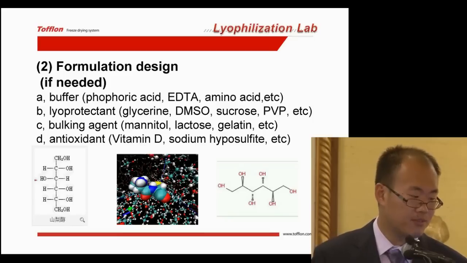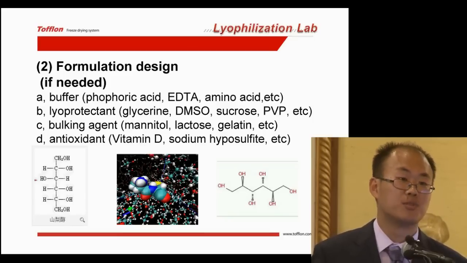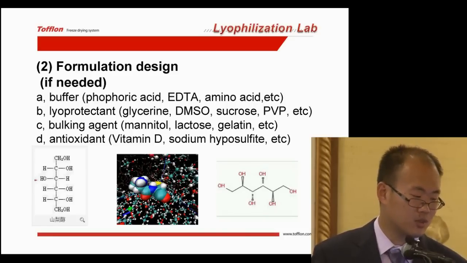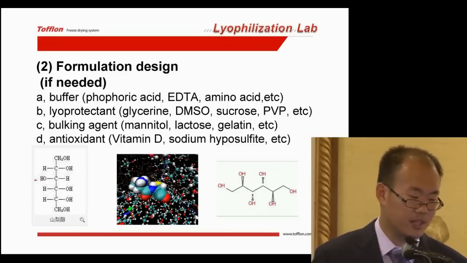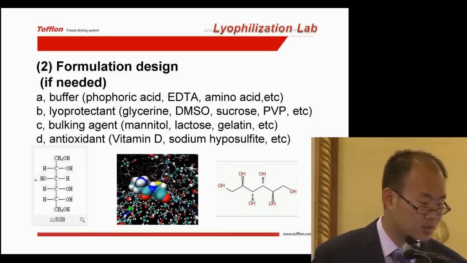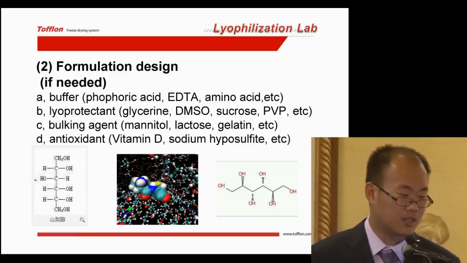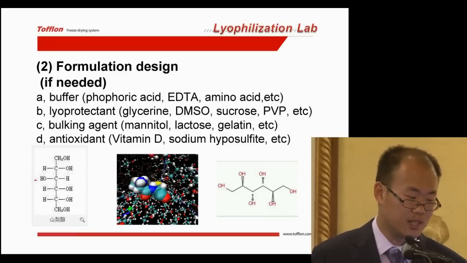The first is buffer. Usually you put some chemicals in the drug solution that could adjust the pH of the drug solution, for example EDTA, folic acid, and so on. This is just a buffer.